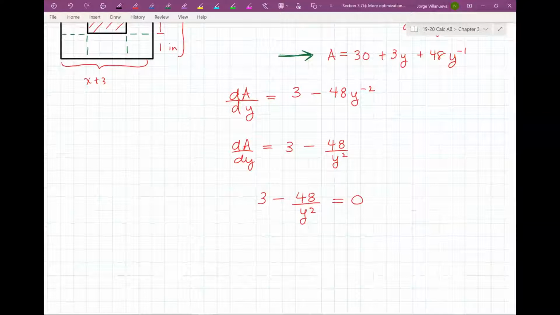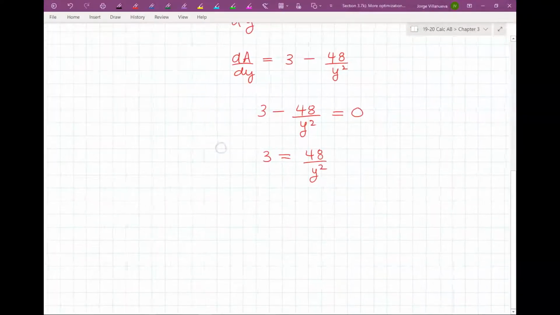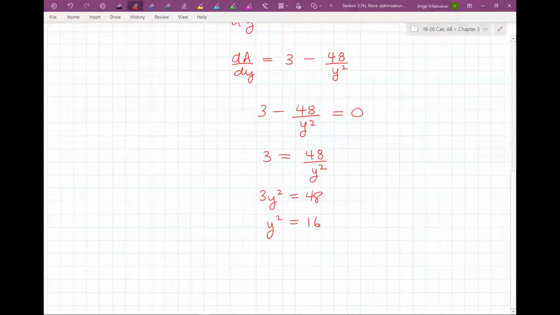So what I would do starting from this point is I would write 3 equals 48 over y squared. I'd move that over, get the y squared and multiply it, so 3y squared equals 48. I divide by 3, so y squared is equal to 16. So y is either positive or negative 4, but it doesn't make sense that a length would be negative 4 units, right?